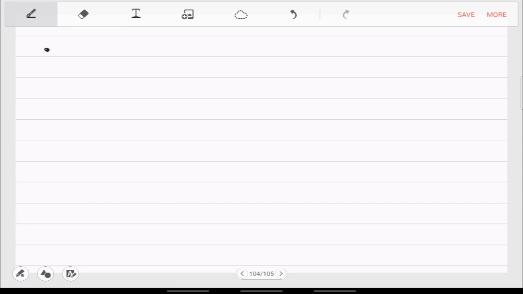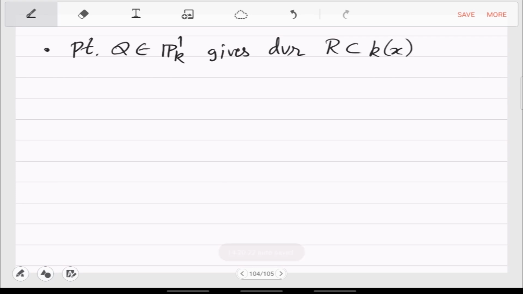So now let's take a point Q on the projective line. This gives a DVR inside the function field of the line, which is k(x).